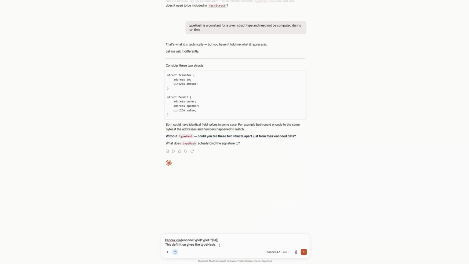Without typeHash, no. It binds the signature to the structure data that the user has signed.